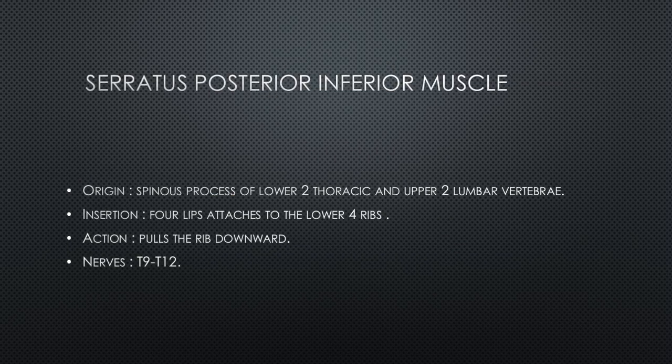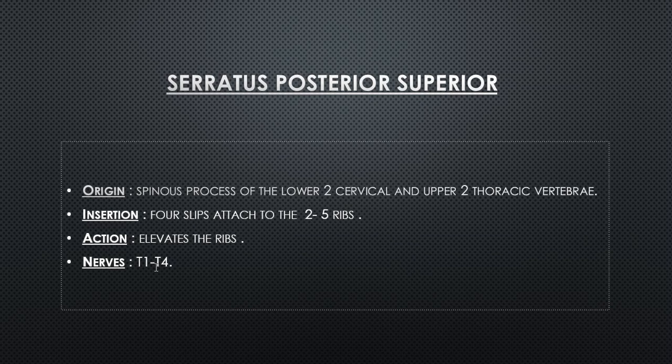The origin is the spinous process of the lower two cervical and upper two thoracic vertebrae, and the insertion is four slips attached to the second to fifth rib.